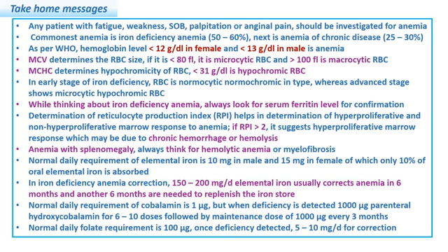Normal daily requirement of cobalamin is 1 microgram, but when deficiency is detected, 1000 microgram parenteral hydroxocobalamin for 6 to 10 doses, followed by a maintenance dose of 1000 microgram every 3 months. Normal daily folate requirement is 100 microgram. Once deficiency is detected, 5 to 10 milligram per day for correction.